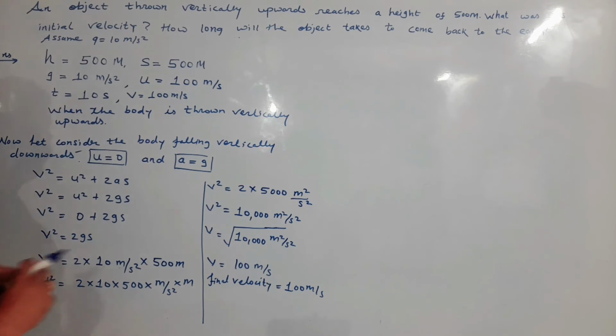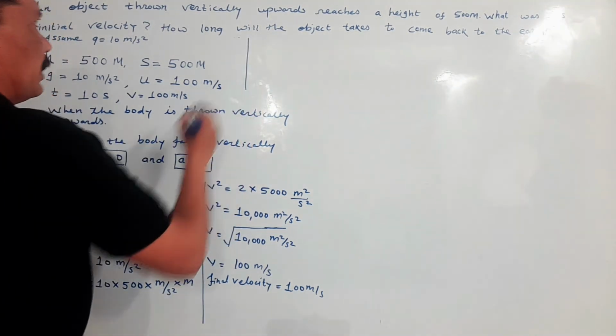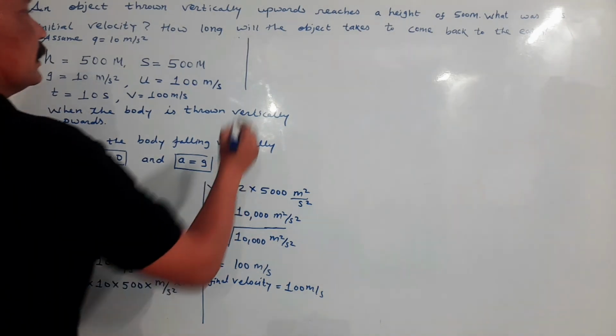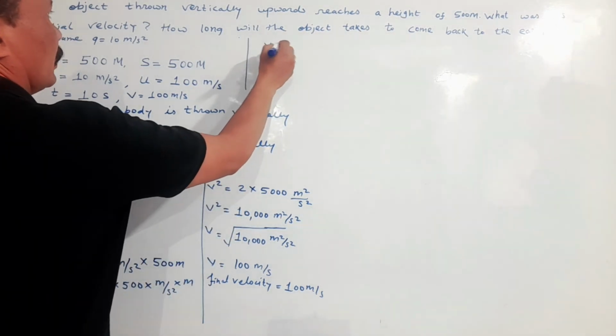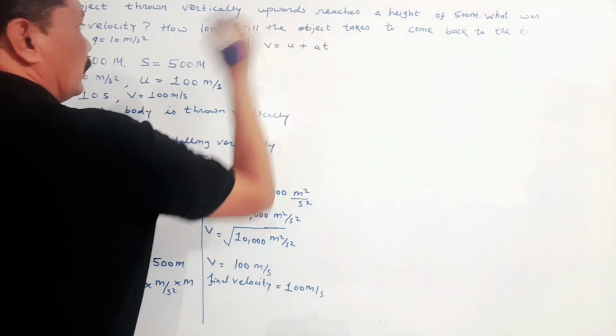Now my dear student, we will find the time taken by the body to fall vertically downward, and therefore we will again use the same kinematical equation which we have already considered, that is v is equal to u plus at.